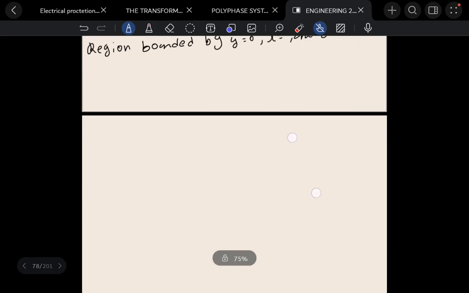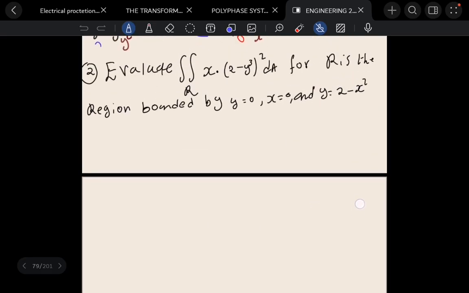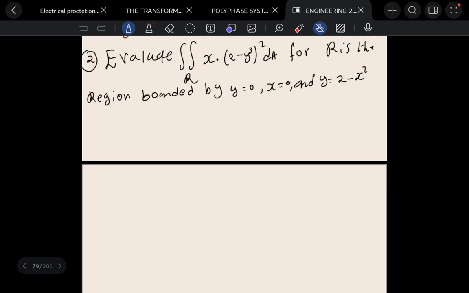So this is your problem. Evaluate the double integral x times (2 minus x cubed) all squared dA for R the region bounded by y equals 0, x equals 0, and y equals 2 minus x squared.